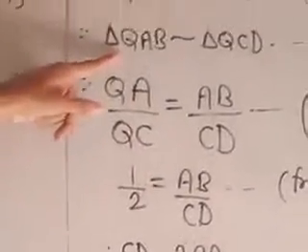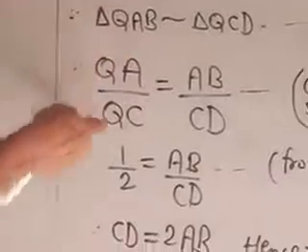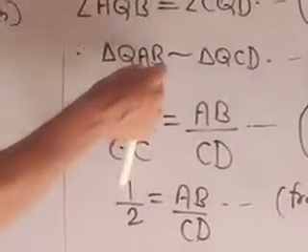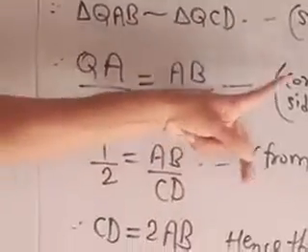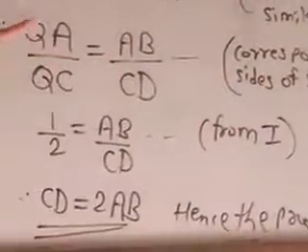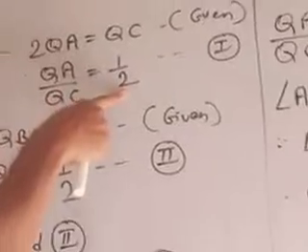SAS test of similarity. Then take the two sides in proportion: one is QA upon QC, and the one we want is AB and CD. So AB upon CD, corresponding sides of similar triangles. But QA upon QC is given, QA upon QC equals 1/2.